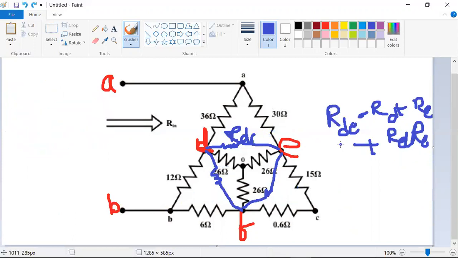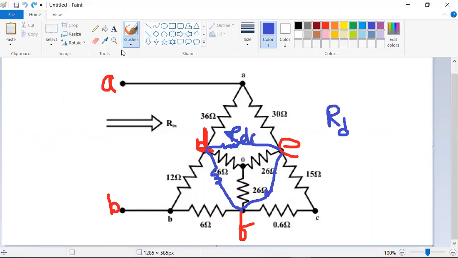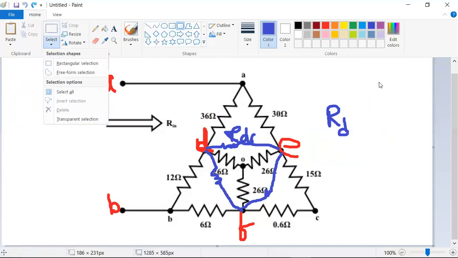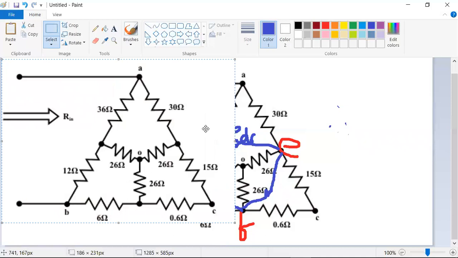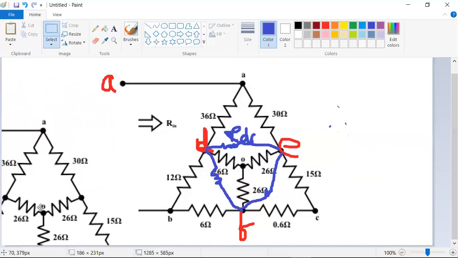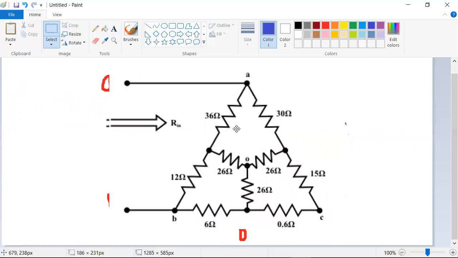Hope you are clear. Now what I am doing is, let me erase this. By removing this, you can add one more. Let me change it like this.